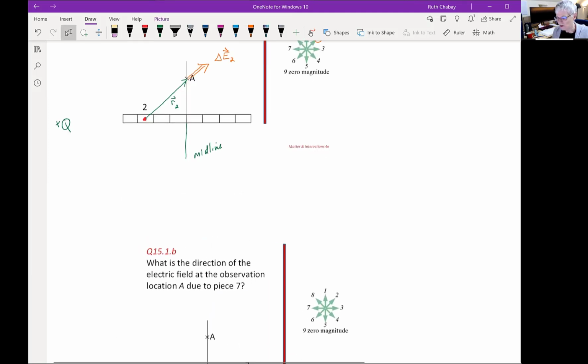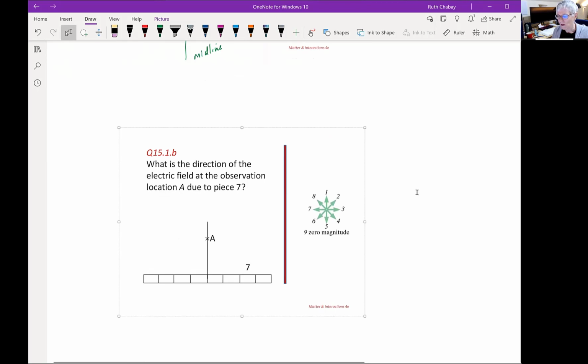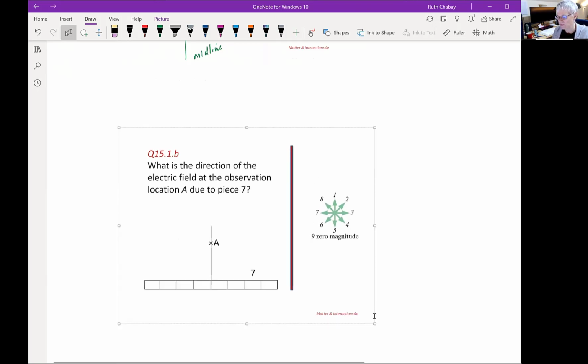So now the question is, same observation location, but now let's look at piece 7. What's the direction of the electric field at the observation location due to piece 7 of our rod?